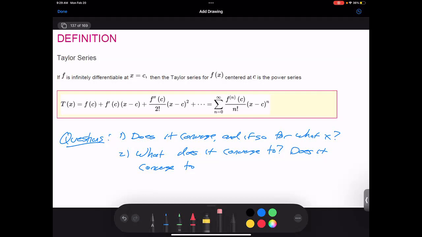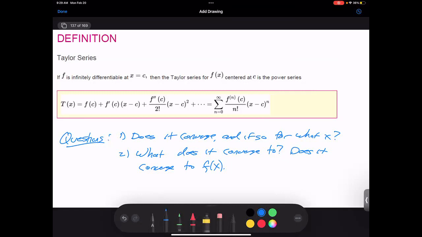F of x, right? We're trying to build a function from f. It's the only function other than T that's on the board. We want it to converge to f of x. Right? The whole idea is to take a complicated function and replace it with simpler functions and understand how we build them together. And the hope is that this will converge.